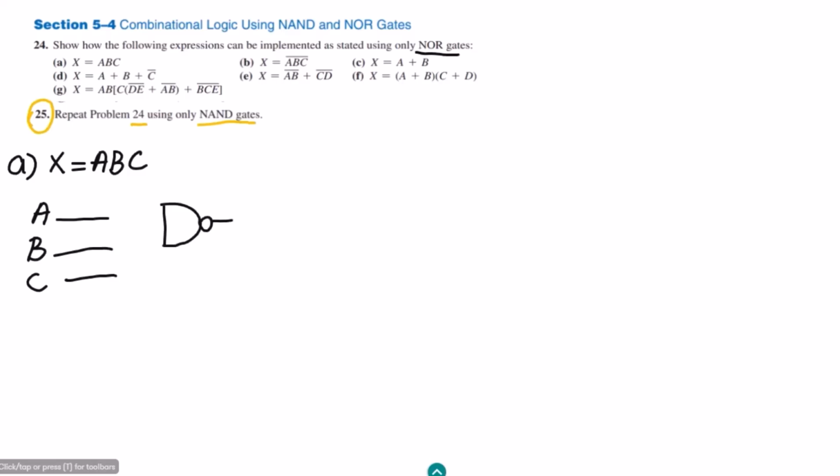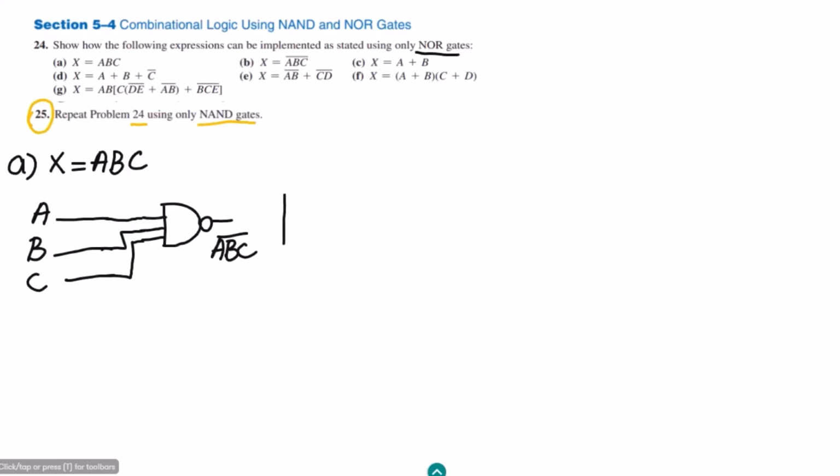This is a NAND gate. At the input we will have these 3, so the output will give me ABC whole complement. I have to remove this complement, so it is cancelled out by using the NAND inverter, because it will complement the complemented term and the output will be the uncomplemented overall term.